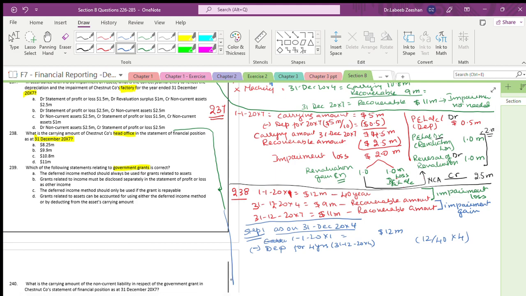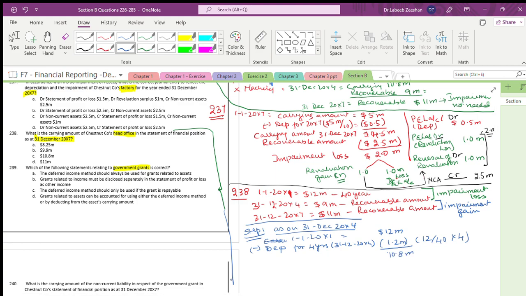How much will you get? 1.2. Good. 12 minus 1.2 comes to 10.8 million.